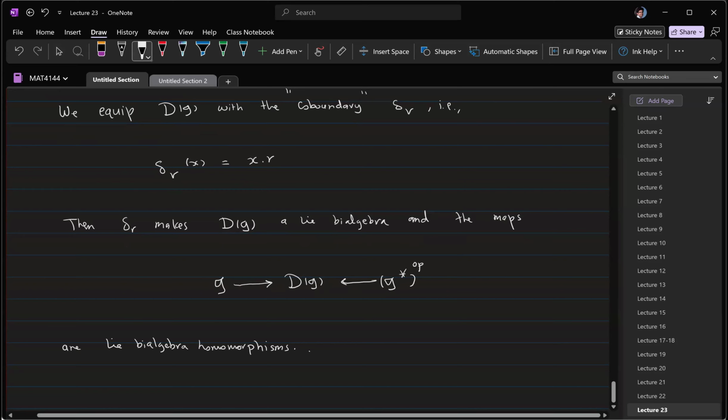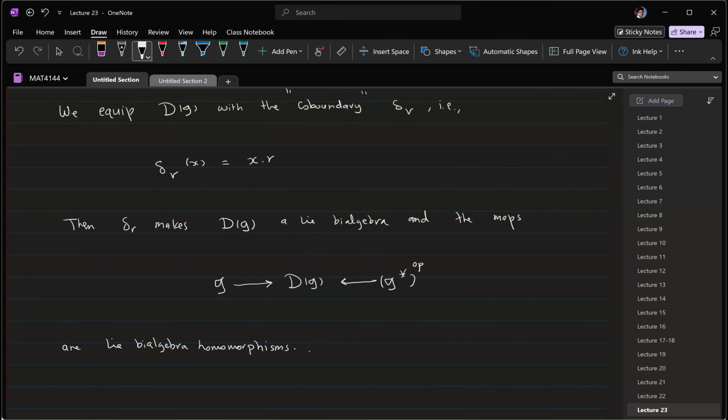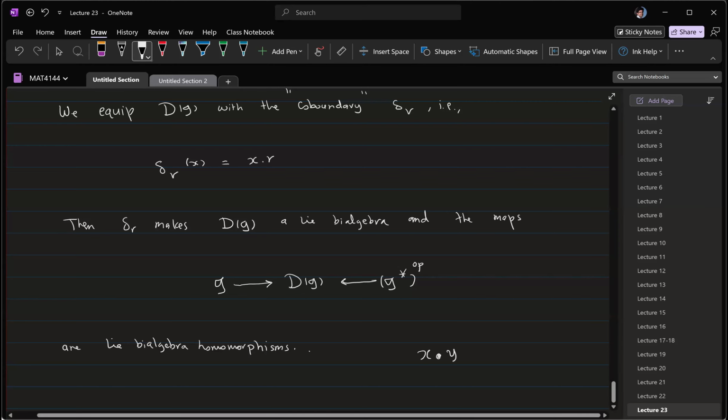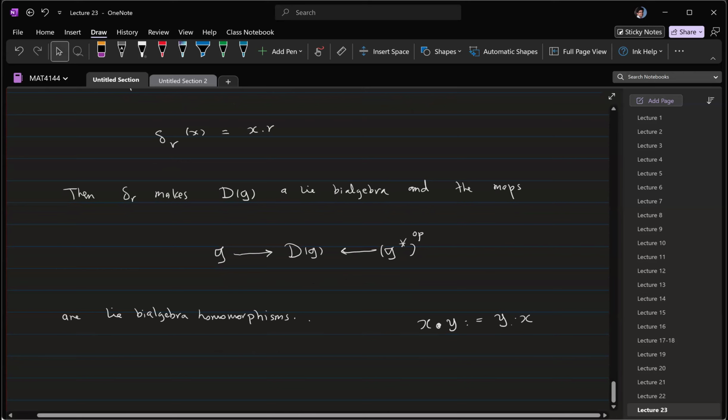So what does the opposite mean? If you have any associative algebra, or any algebra in general, not even associative, you can define the opposite structure, which means the product of x and y is defined to be the product of y and x. Okay, this new product is still distributive over the addition of the vector space of the algebra, so it gives you an algebra of the same type most of the time.